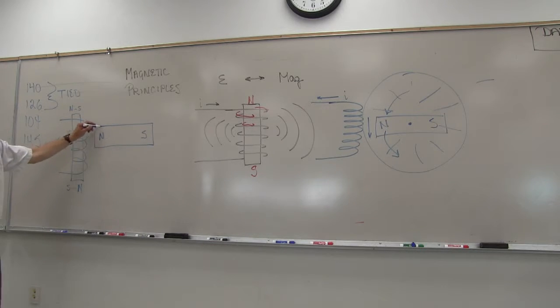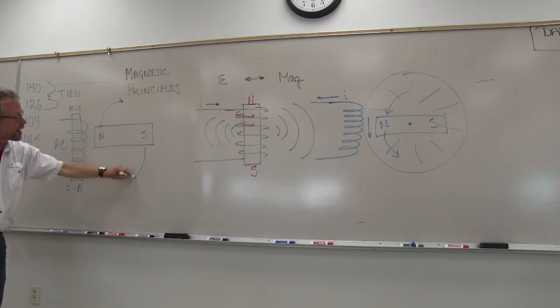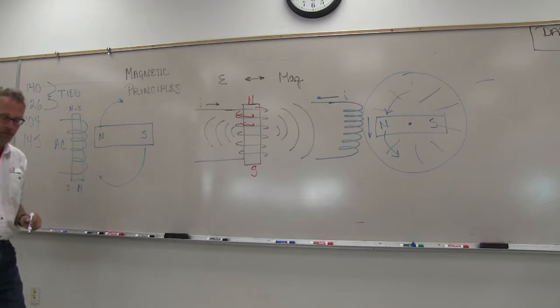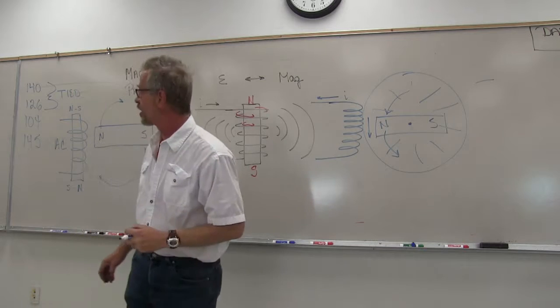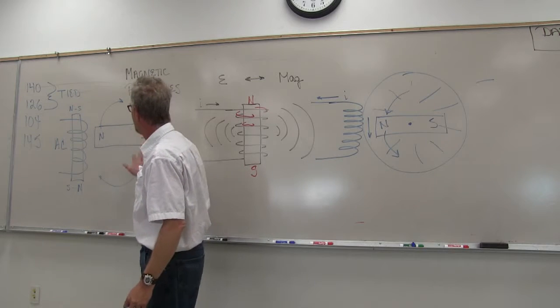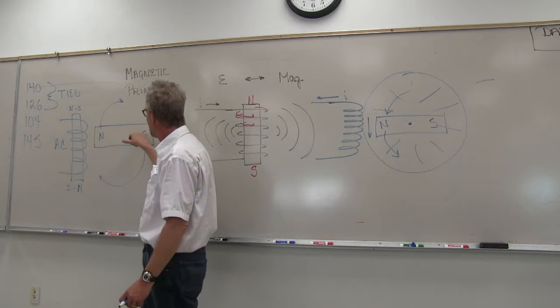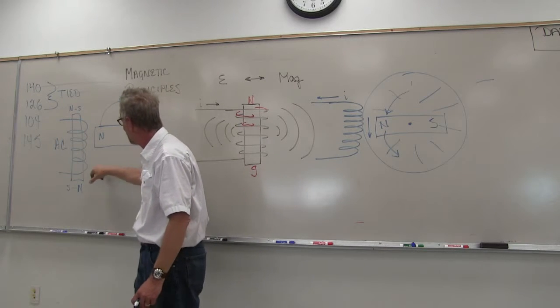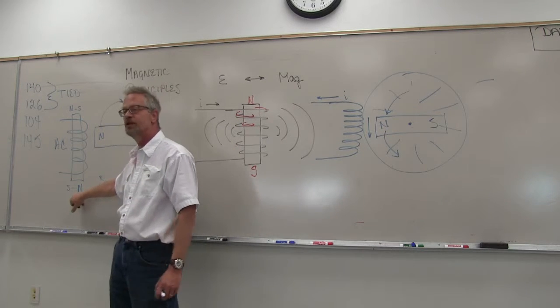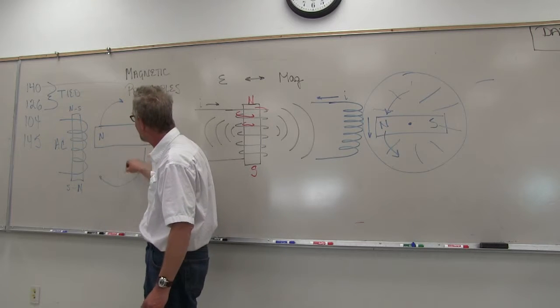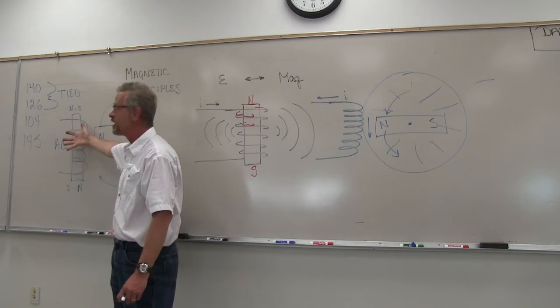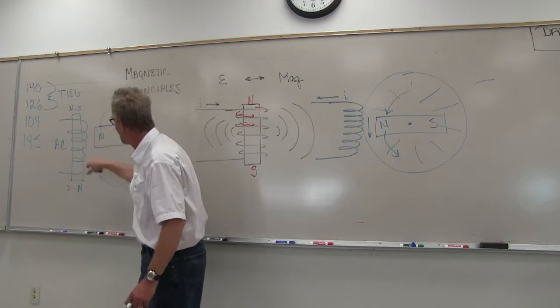And that then, because of the attraction and repelling of like charges, will cause this to spin to try to get away from the North Pole, and spin because the South Pole then will be attracted to this pole, which is north. Then when it gets there, the AC changes the polarity and makes it keep spinning.